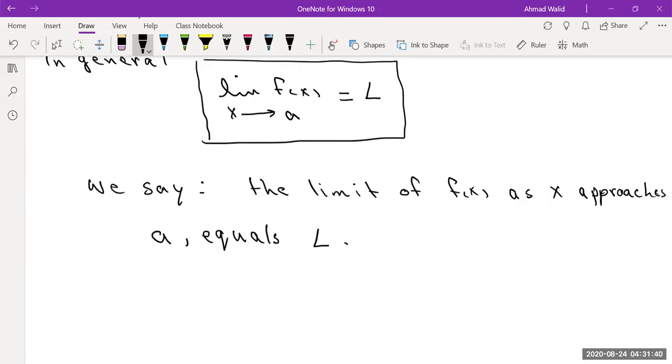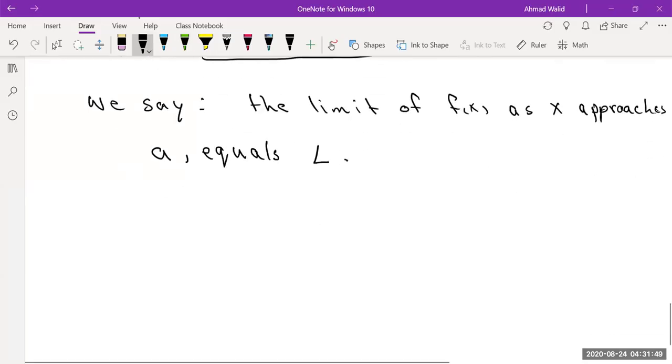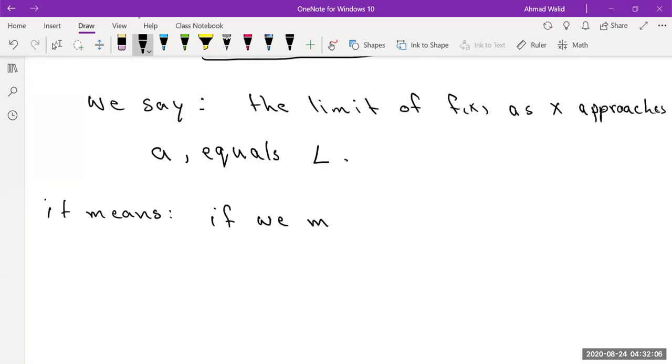This is how you read this. The limit of f of x as x approaching a equals L. What's the meaning? You see, I'm even writing a lot of notes for you today.